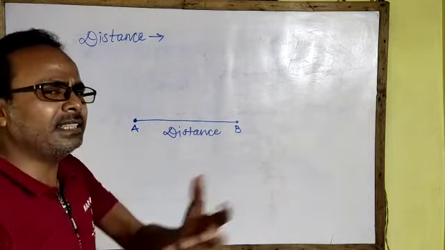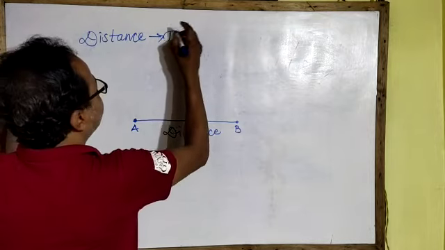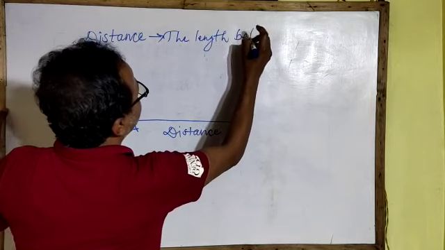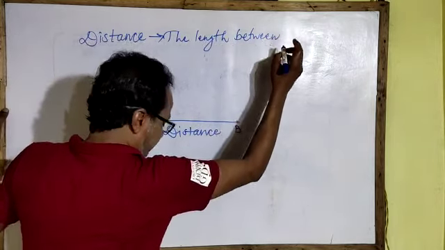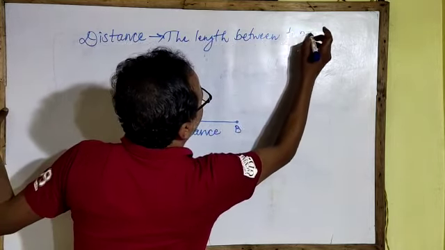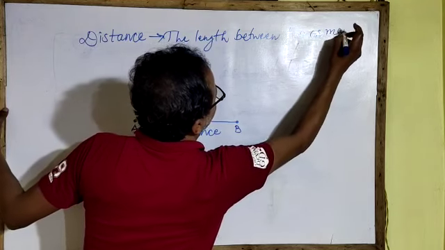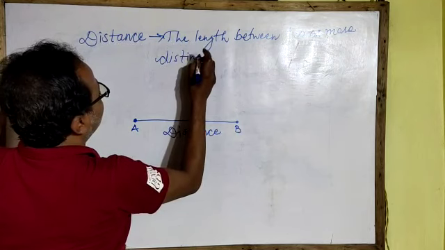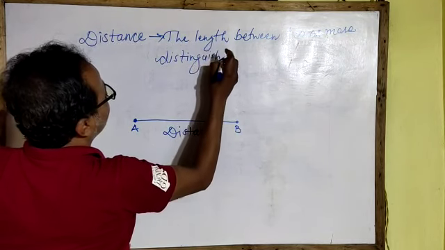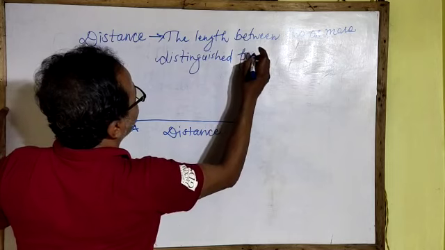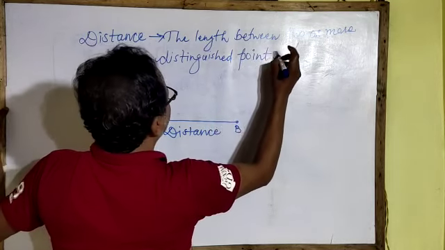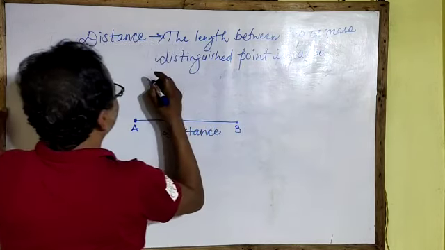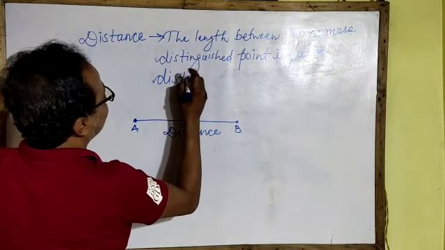So here you can easily define that the length between two or more distinguished points is called distance.